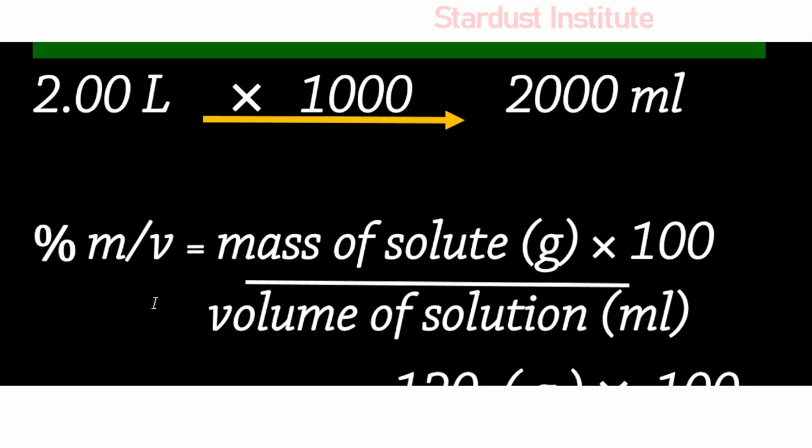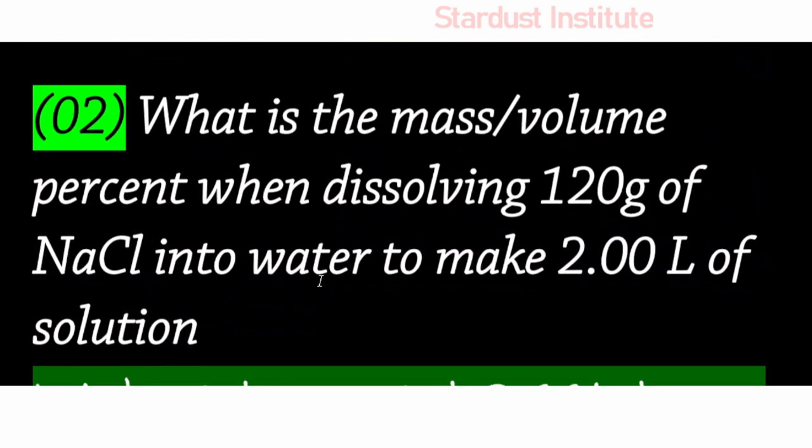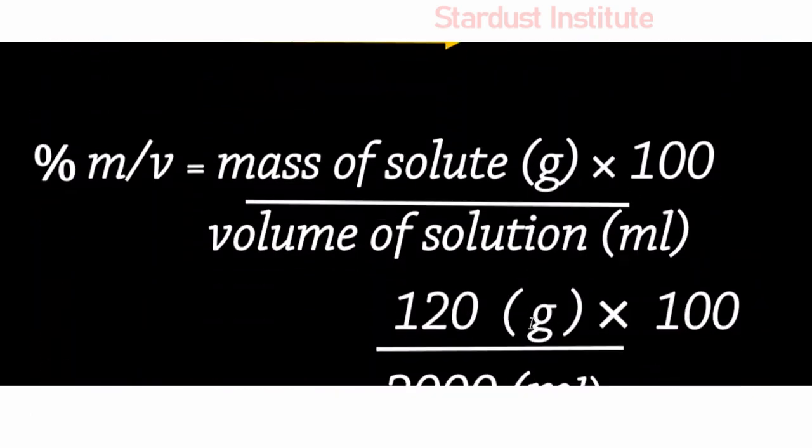Here we can use this formula: percentage mass by volume equals mass of solute in grams divided by volume of solution in milliliters multiplied by 100. We know mass of the solute is 120 grams.